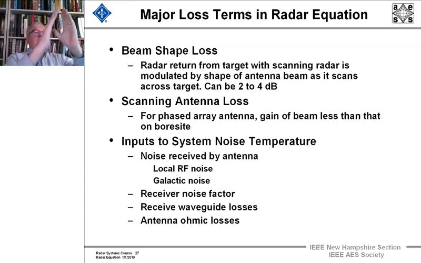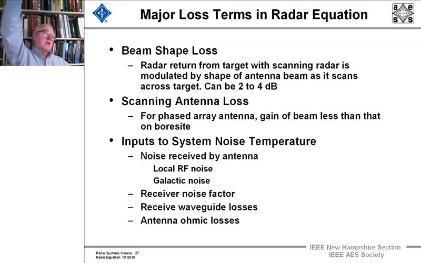If you have a beam with a little over a degree, about 20 pulses will impinge on, say, a large chimney, a smokestack of a power station or something.